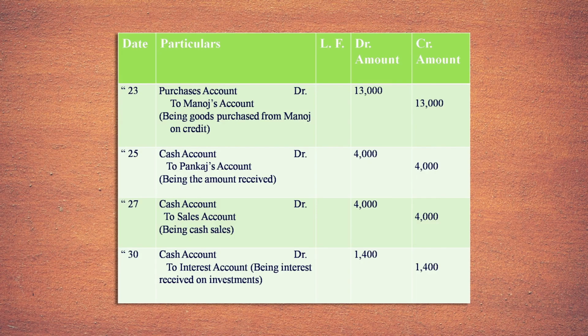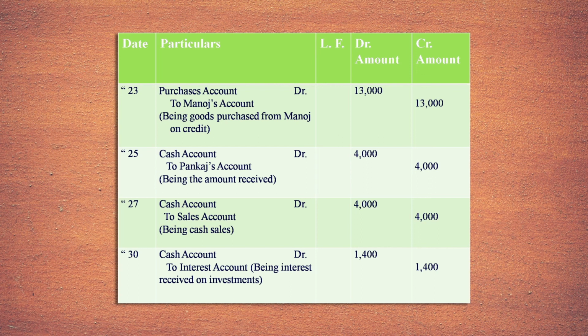So again if we go back to the transaction, cash account debit to Pankaj account 4,000 rupees. So in the debit side of cash account 4,000 and 4,000 in the credit side of Pankaj account. So you can see 4,000 debit side to Pankaj, and in the Pankaj account you will find by cash 4,000.